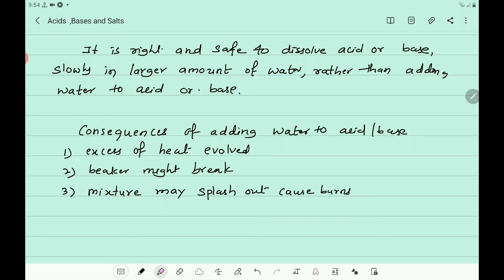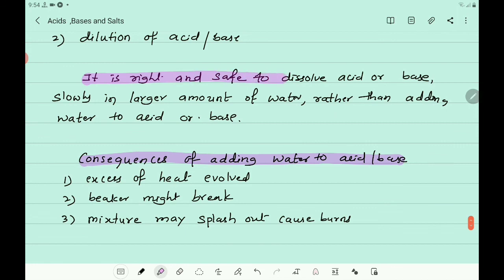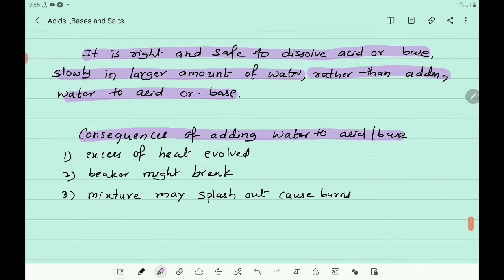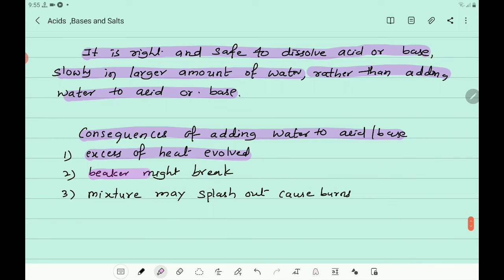So, these are the consequences of adding water to acid. So, it is right and safe to dissolve acid or base slowly in larger amount of water rather than adding water to acid or base. Excess of heat evolved, beaker might break, mixture may splash out, cause burns.